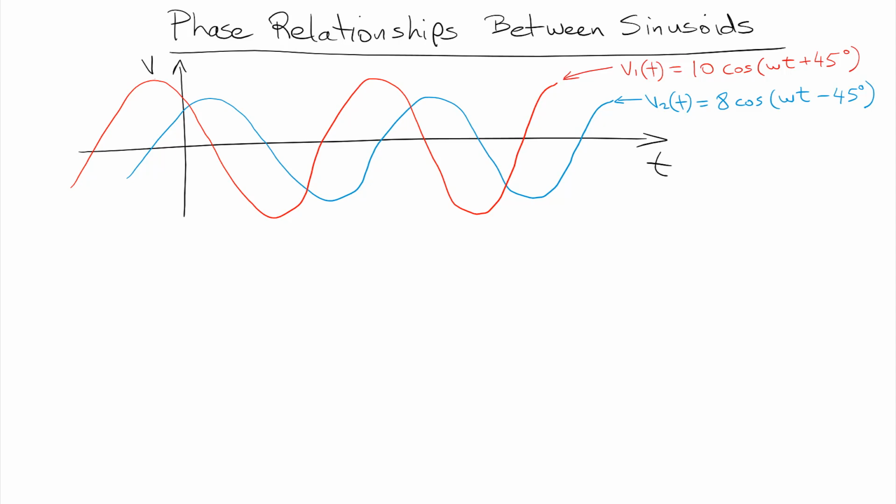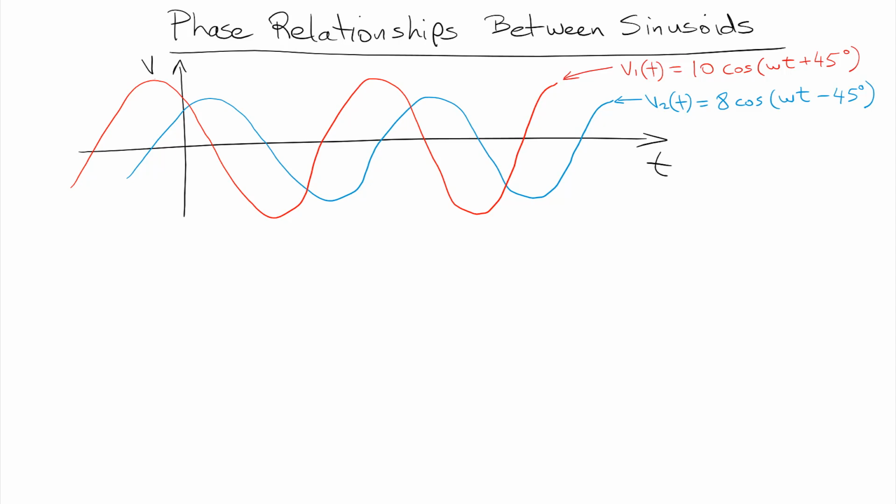V1 is equal to 10 cos(ωt + 45°), and V2 is 8 cos(ωt − 45°). And this is what those waveforms look like. So let's understand what these mean.